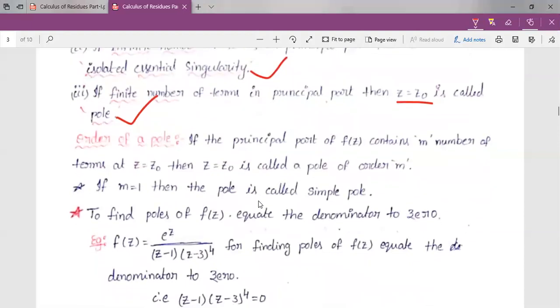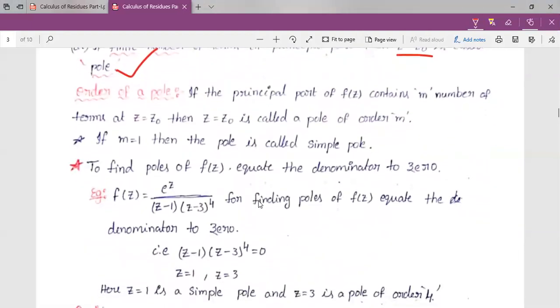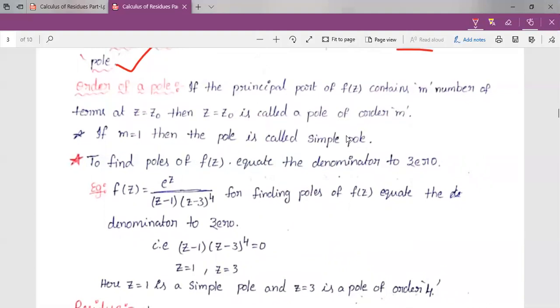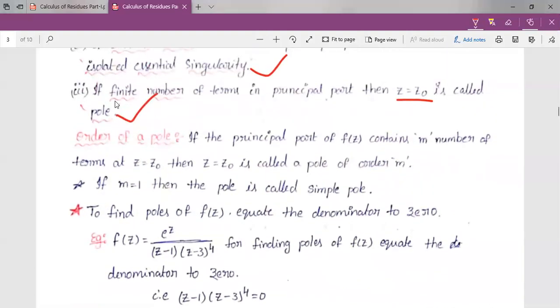Now we go to the order of a pole. If the principal part of f of z contains m number of terms at z equal to z naught, then z equal to z naught is called a pole of order m. We observed in the previous point that if a finite number of terms exist in the principal part, then z equal to z naught is called a pole of the function.